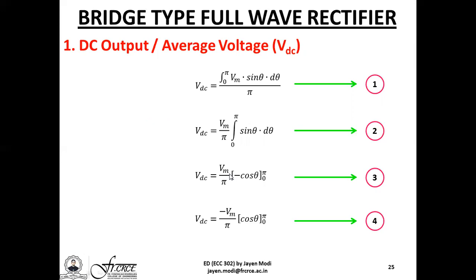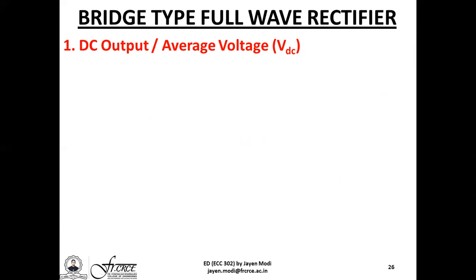Now, if we put the limit values back into equation number 4, equation number 5 looks like this: VDC is equal to minus Vm upon pi, brackets open, cos pi minus cos 0. We have just put in the limits.